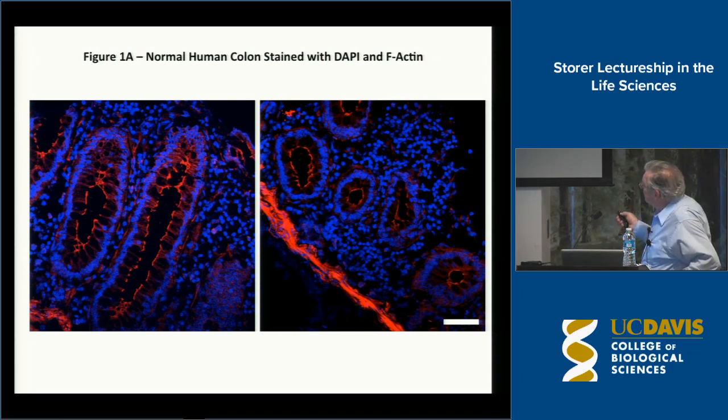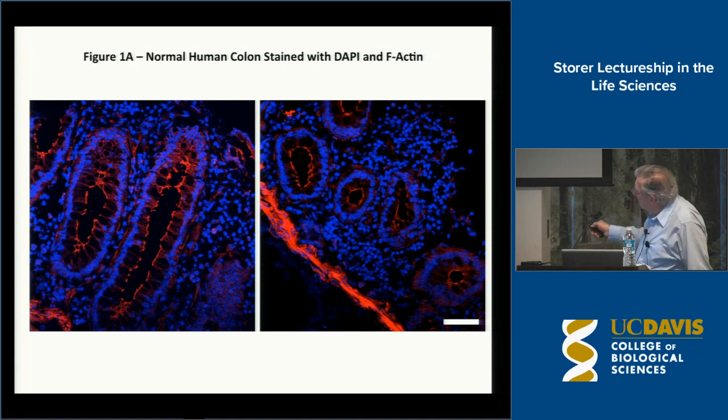To start with, he's found, and that's generally been observed before, that if you stain for filamentous actin, and here you're looking at the staining for filamentous actin in normal crypts. This is the normal colon, and the DAPI is staining the nuclei of the epithelial cells. These are crypts here. The F-actin is staining the inner surface of the lumen, where you get this filamentous actin.